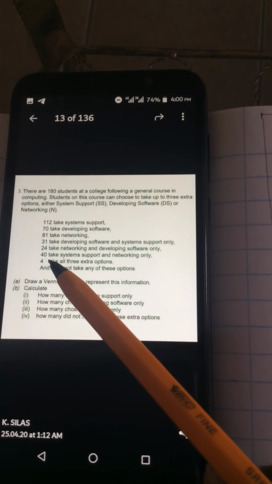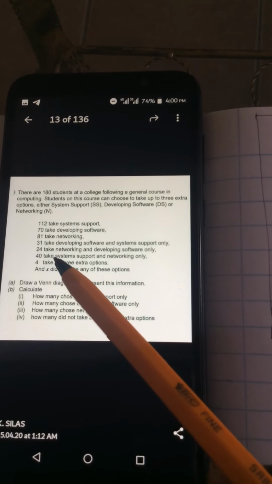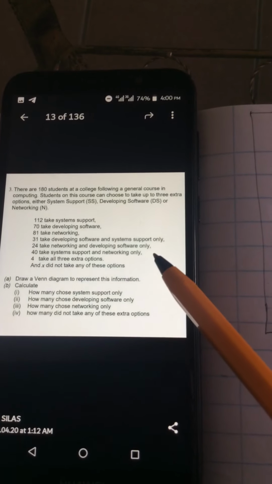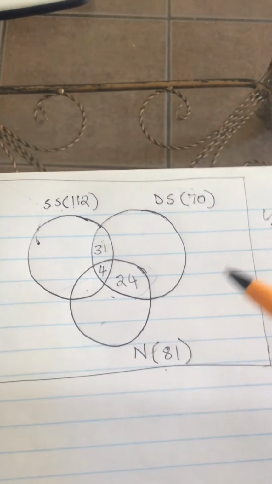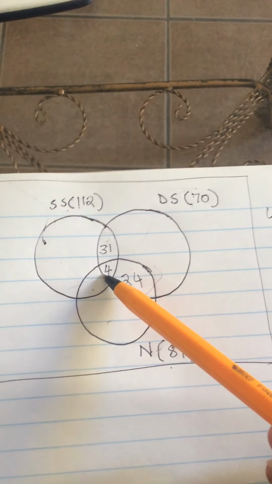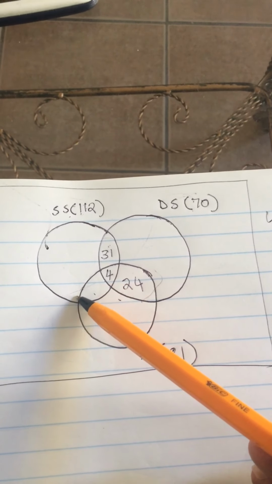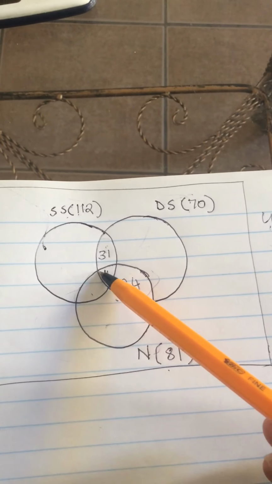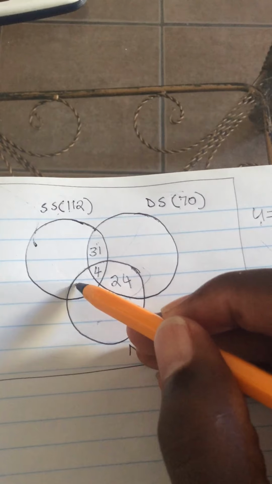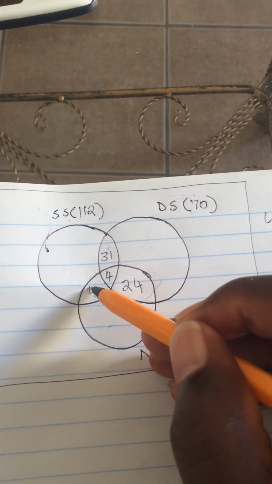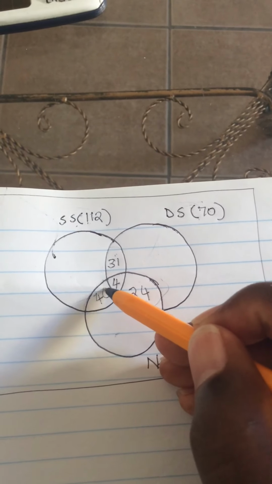And the other one is saying that 40 take system support and networking only. 40 are taking SS and networking only. So where SS and N are intersecting is here only. Take note of only. When they say only, you only write it in that space there.